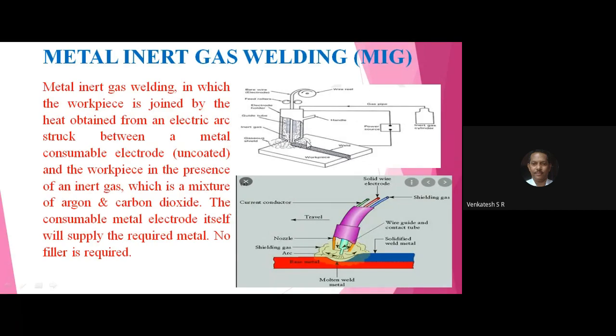Inert gas is used in tungsten inert gas welding as well as in metal inert gas welding in order to avoid oxidation of the joint. All of you, please write down the rough diagram of metal inert gas welding. In bracket, write down MIG.